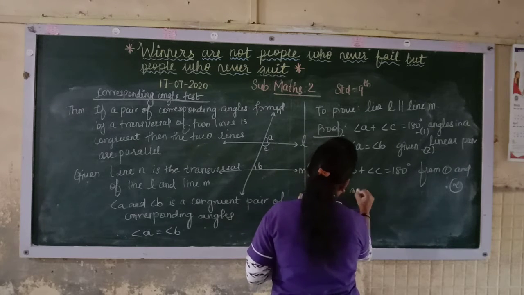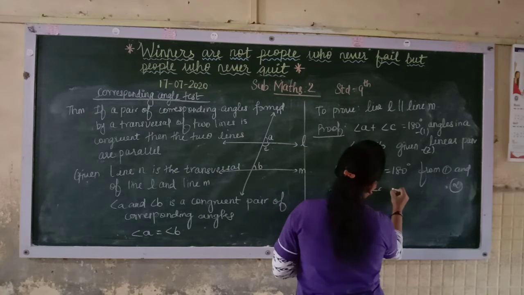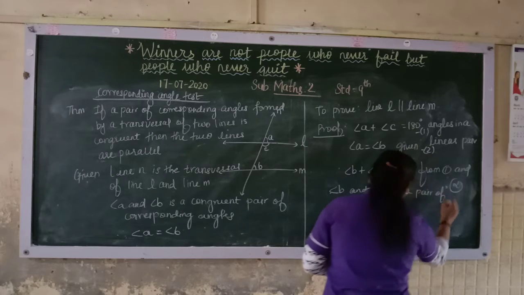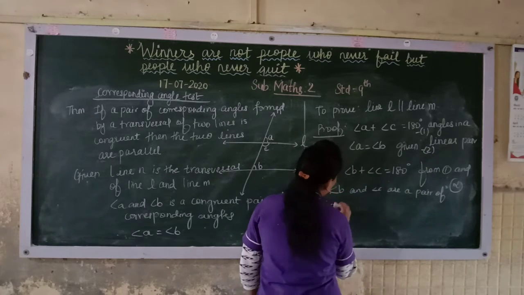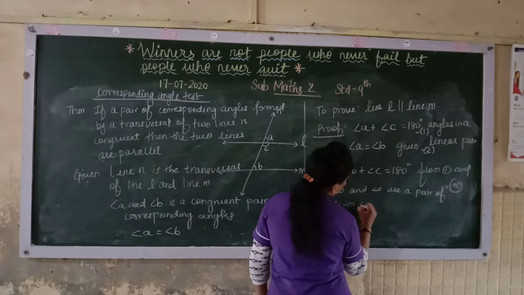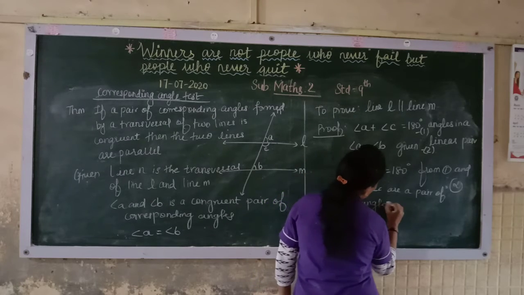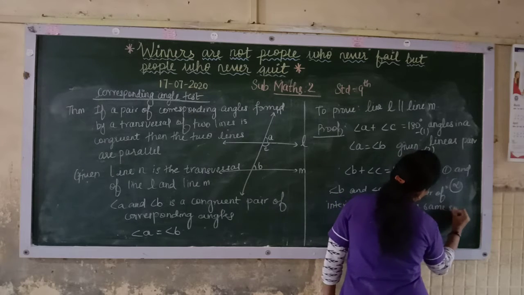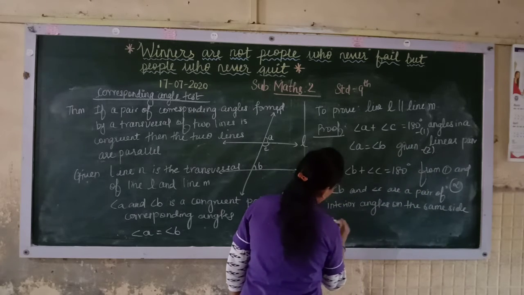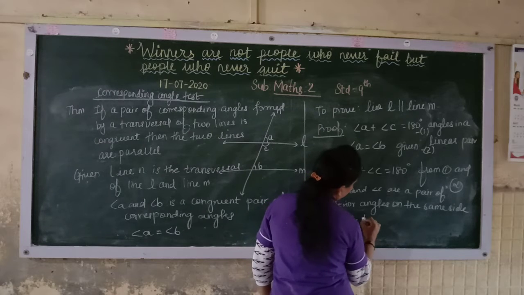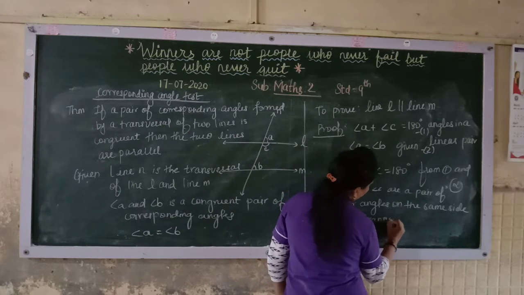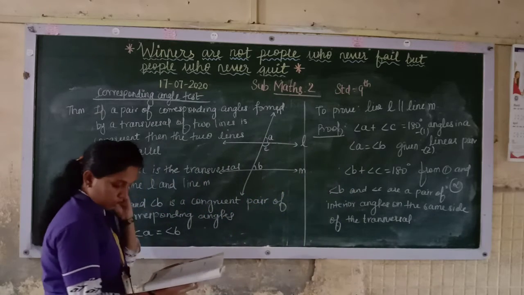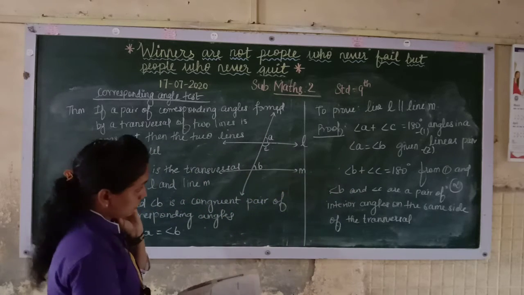Angle B and angle C are a pair of interior angles on the same side of the transversal. Therefore, the lines will be parallel.